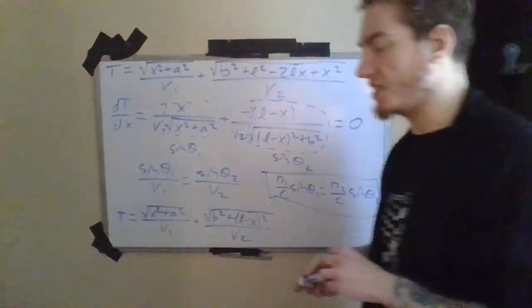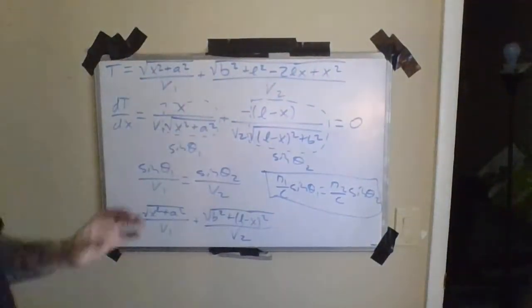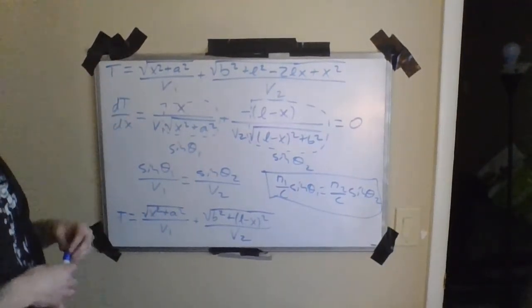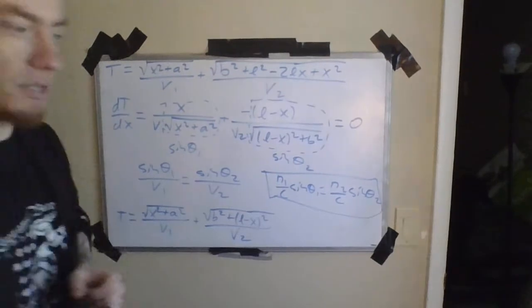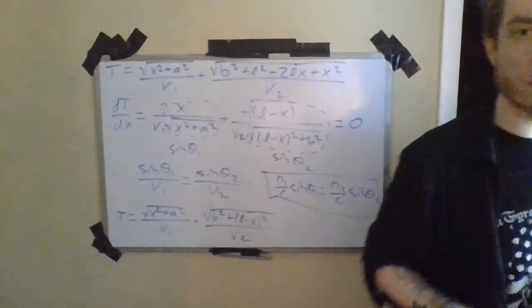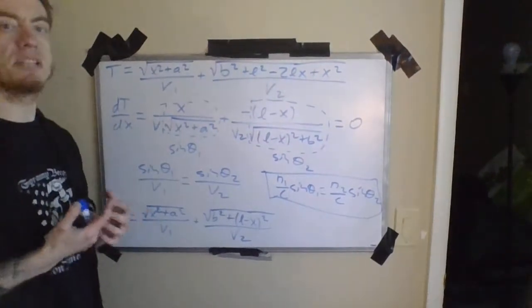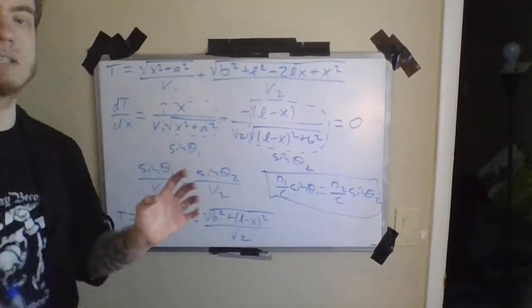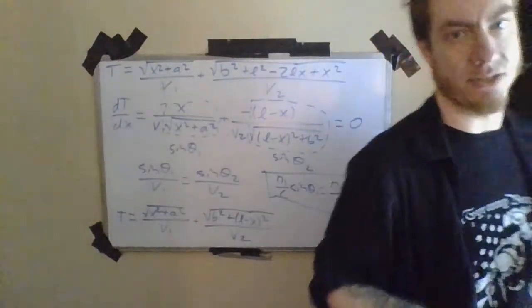I also wanted to show you this example because, for those of you who do have an interest in physics, it turns out that this whole Fermat's principle generalizes massively. In general, all of classical mechanics can be derived from this idea of extremizing certain quantities.